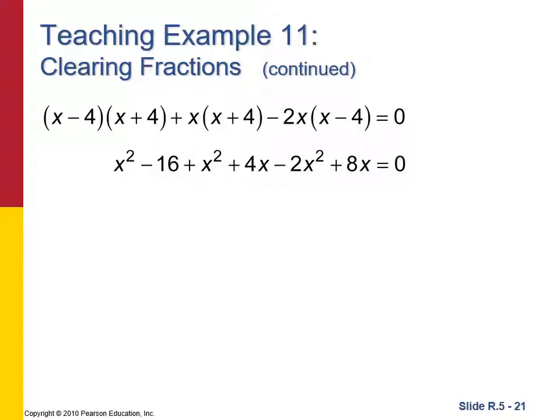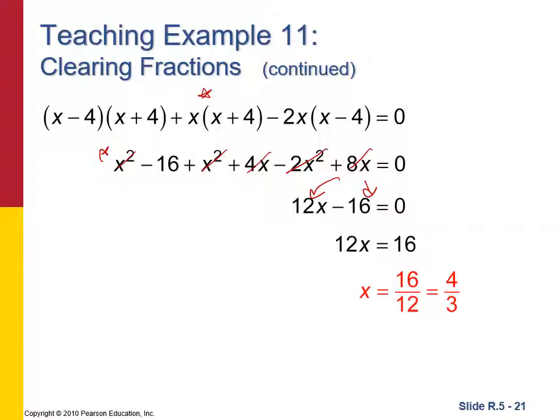This looks like a lot of work, but the reality is things just start to go away. So this cancels with this, and this adds up to this, and then you're left with here. And so you can solve for x, and x equals 4/3.